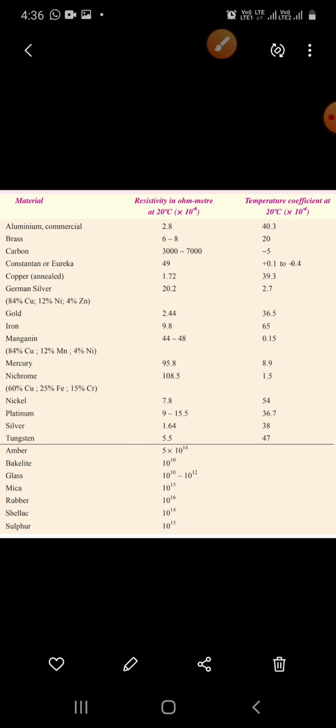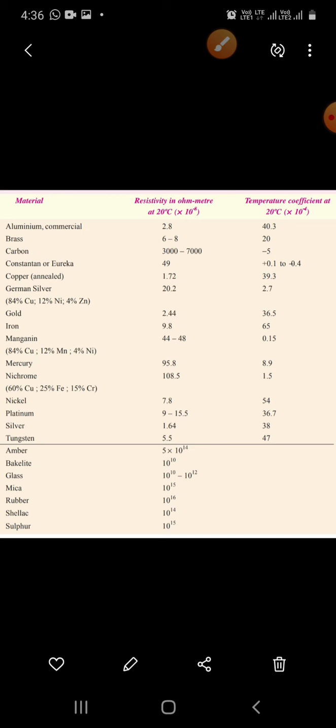Then for gold we can tell the value of resistivity in ohm meter and the temperature coefficient, which you can observe here. Similarly for iron and for manganin, which is 84% copper, 12% Mn, and 4% Ni, that is manganese, nickel and copper.